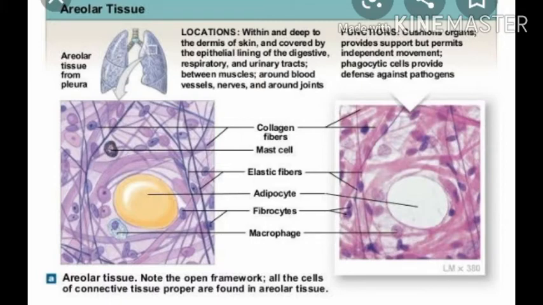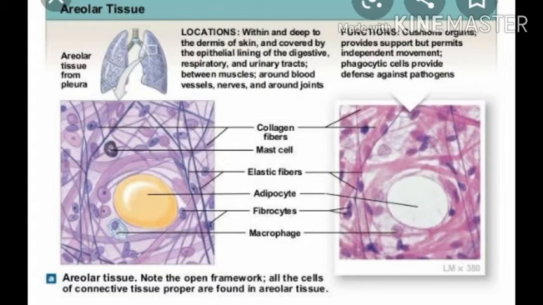So these areolar tissues are found below the skin. They are present in the digestive system, respiratory system, urinary tract. They are present between the muscles, around the blood vessels, around the joints, and around the nerves. So their function is to cushion or support the organs.